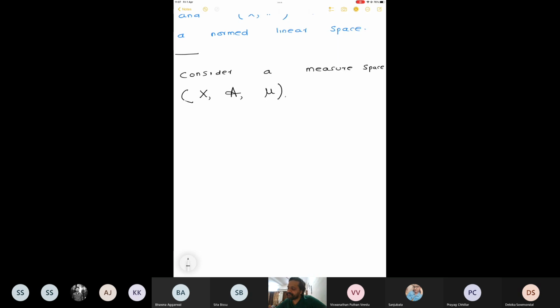Yes or no? Yes, sir. Therefore, from the point of view of integration, there is no reason to distinguish two functions f and g if they are equal almost everywhere. Whenever they are equal almost everywhere, we can treat them as same in the integration theory. Okay, so let us start by noting it down.